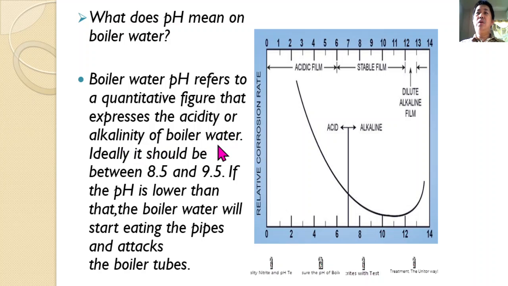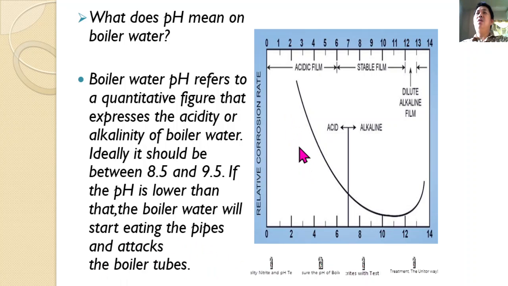So remember the keyword: pH, acidity or alkalinity of boiler water. Ideally, it should be between 8.5 and 9.5. If pH is lower than that, the boiler will start eating the pipes and attack the boiler tubes.